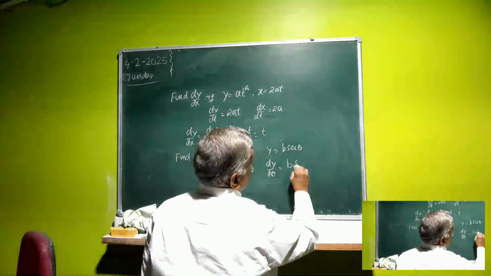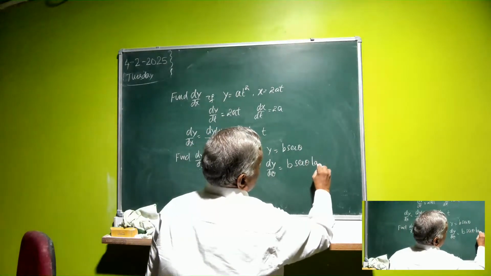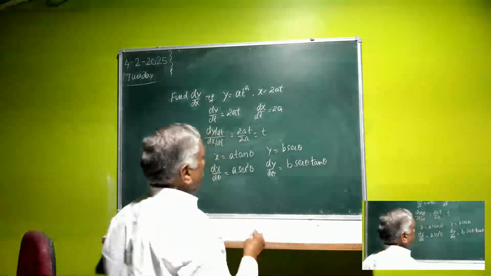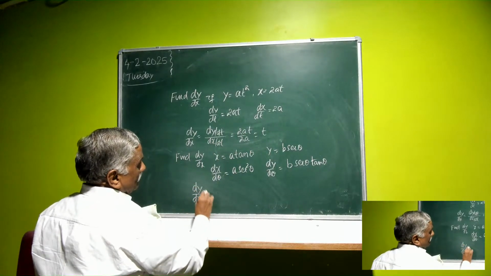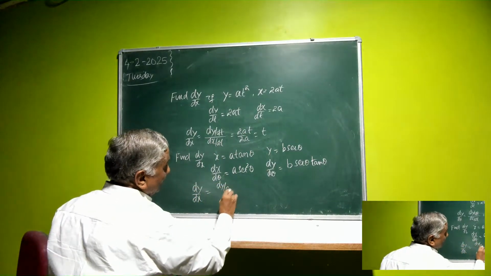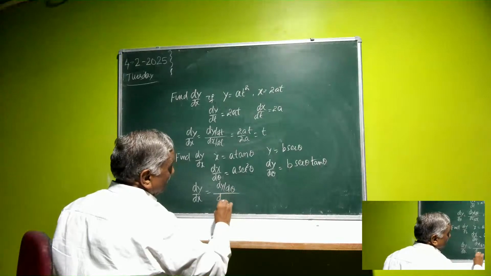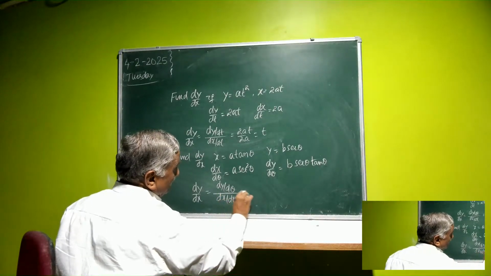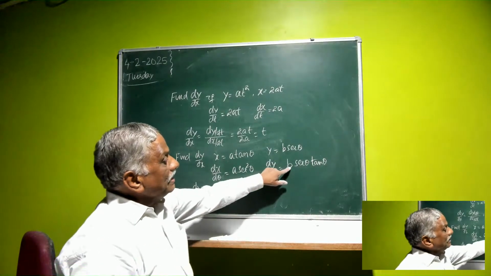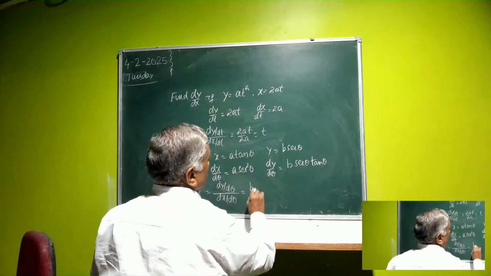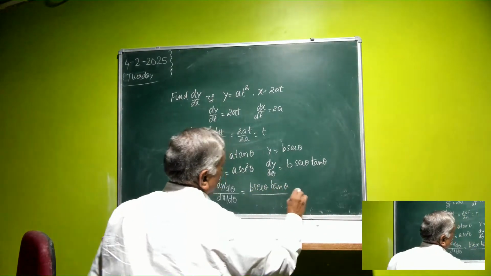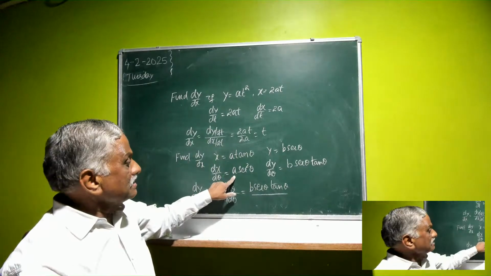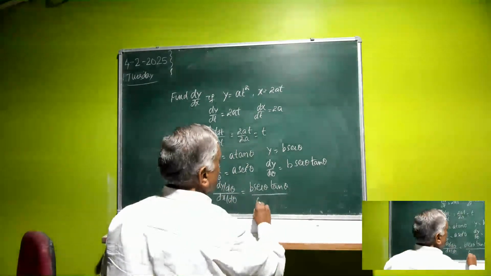Secant theta gives secant theta tan theta. Now we have to find dy by dx. That is dy by d theta divided by dx by d theta. So dy by d theta is b secant theta tan theta. Dx by d theta is a secant square theta.